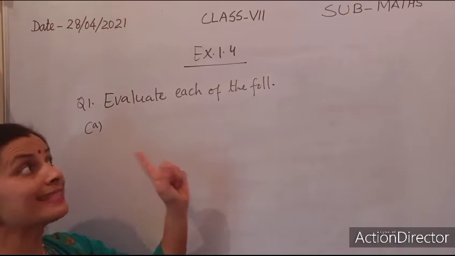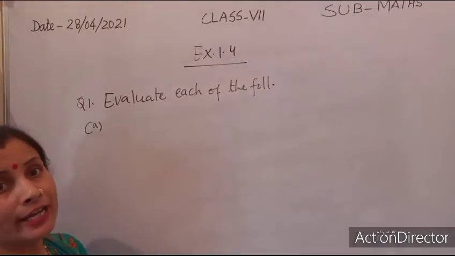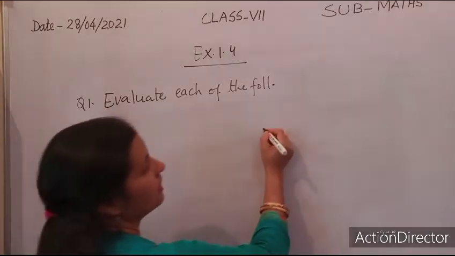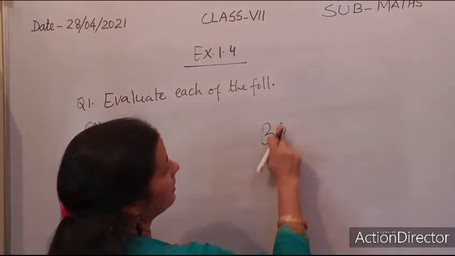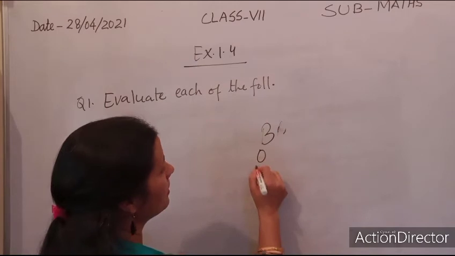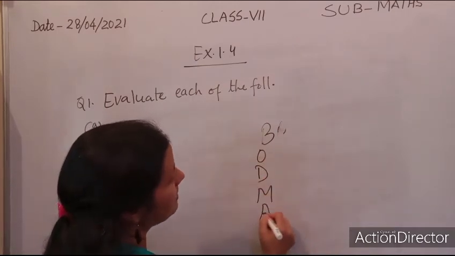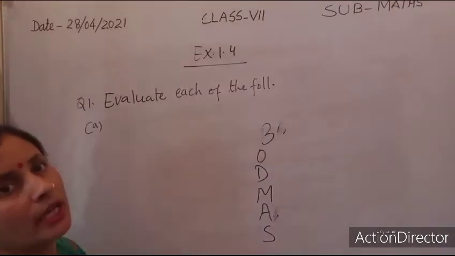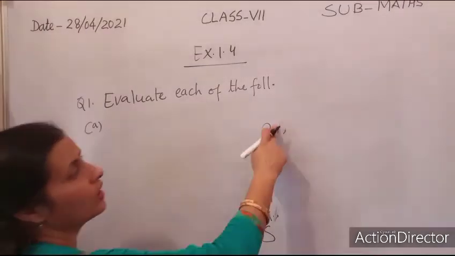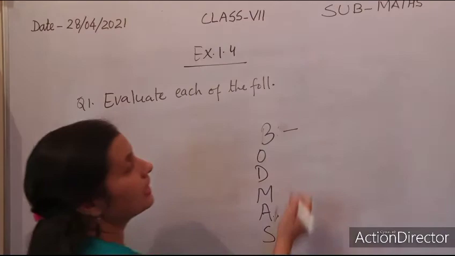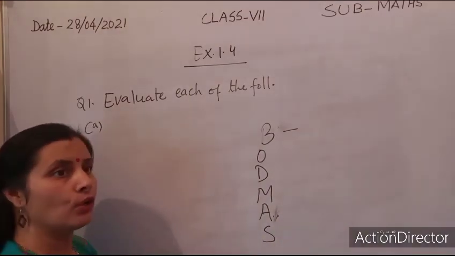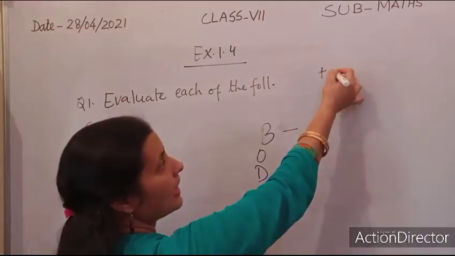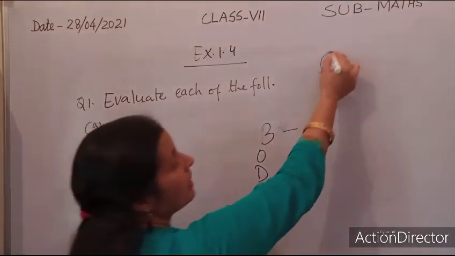Before coming to this exercise, I would like to recall the BODMAS rule. You have learned about this rule in your 5th standard also. If more than 2 or 3 operations are given in a line, basically I told you there are only 2 operations.